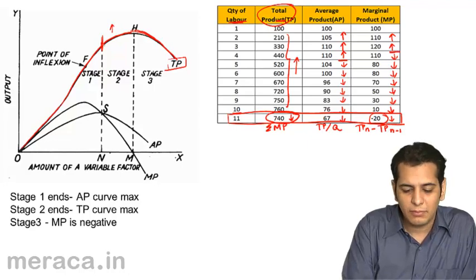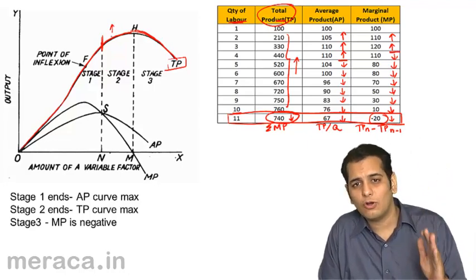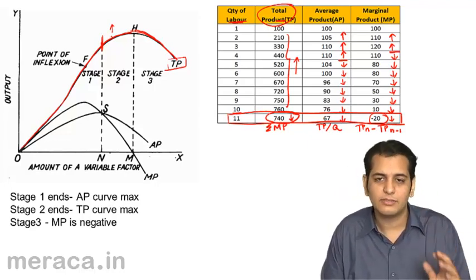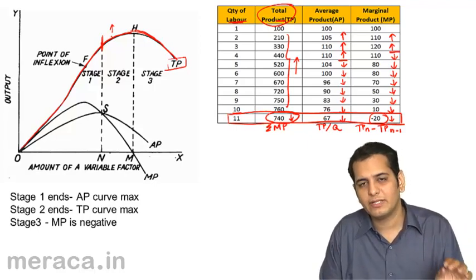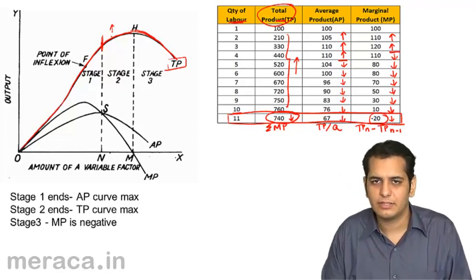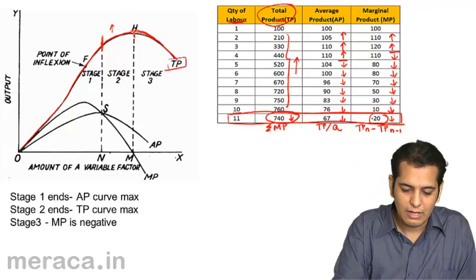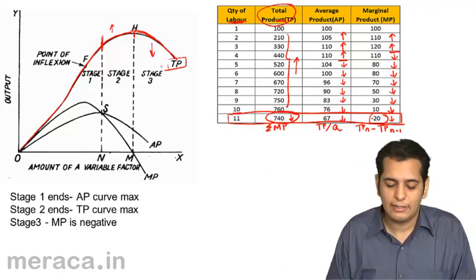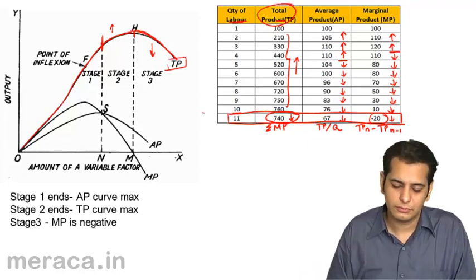It's still going up, but it is becoming flatter. It is not steep as it was earlier. So we can say that it is increasing at a decreasing rate, at a diminishing rate. And finally, after this point H, it starts to fall. And thereafter, it continues to fall.